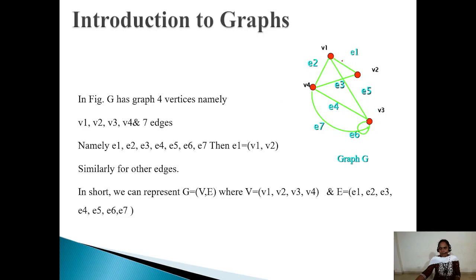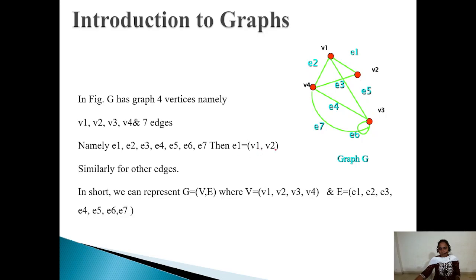V1 to V2 is E1, V1 to V4 is E2, V4 to V2 is E3. Here we have 4 vertices and 7 edges, like E1, E2, E3, E4, E5, E6, E7. Then E1 equals V1, V2.